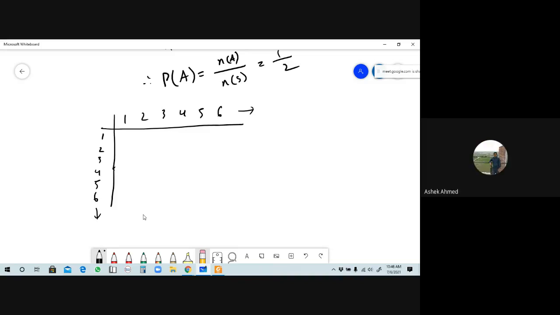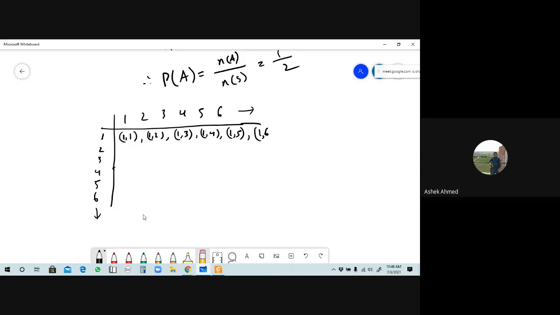Now from here we will find out some outcomes. The first outcome will be 1,1. The second will be 1,2. Third will be 1,3, then 1,4, 1,5, 1,6.